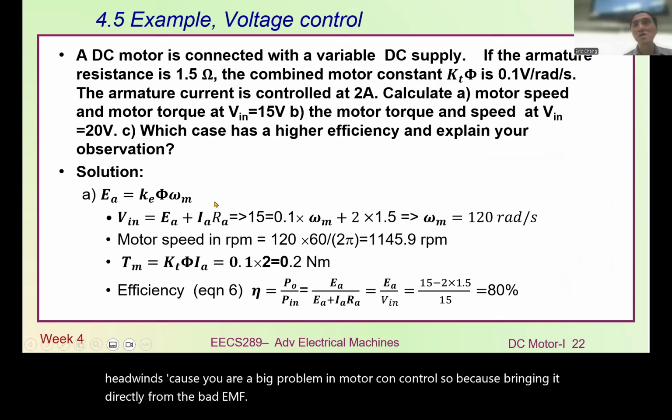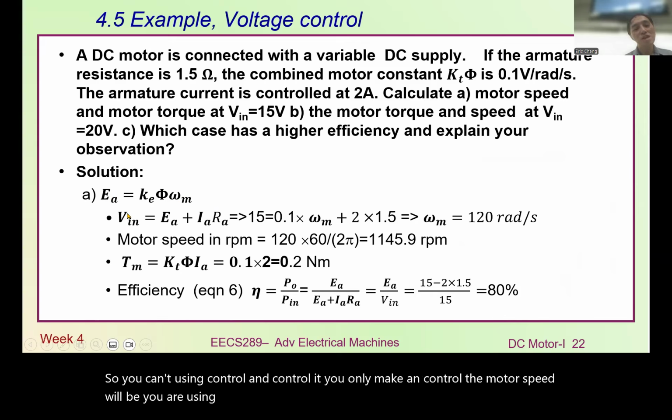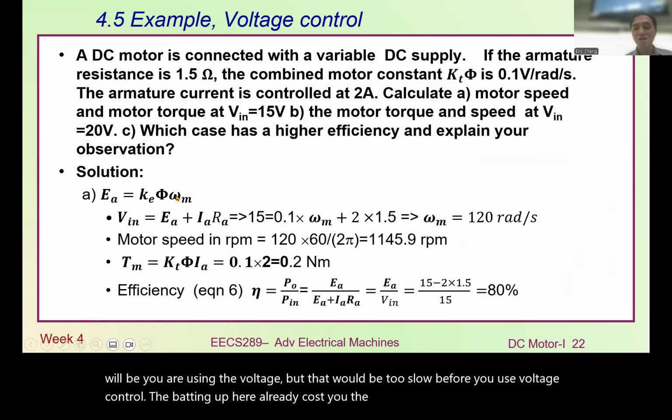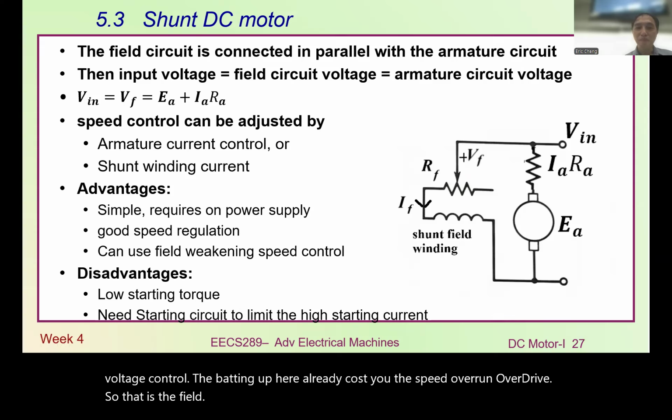So you can't use a controller to control it. The only way to control the motor speed is using the voltage, but that will be too slow. Before you use voltage control, the back EMF already causes the speed overdrive. So that is the failure situation.